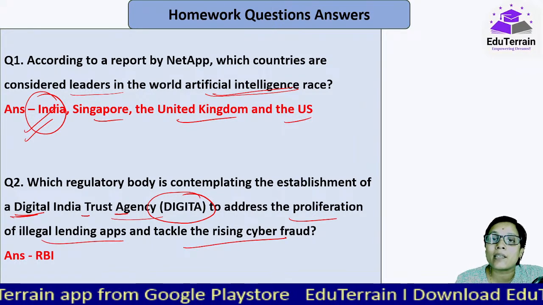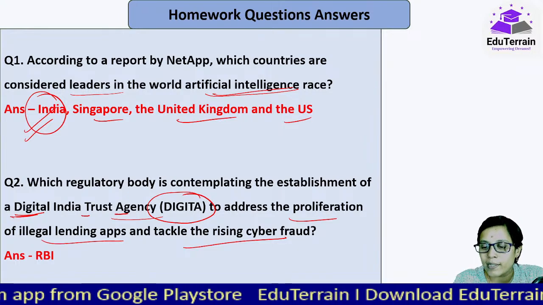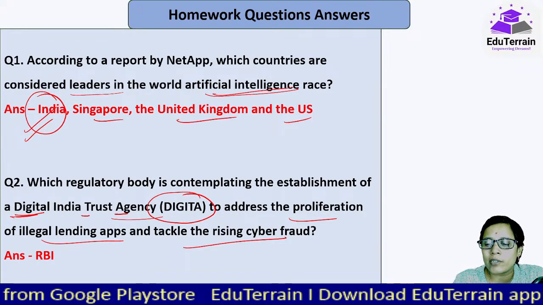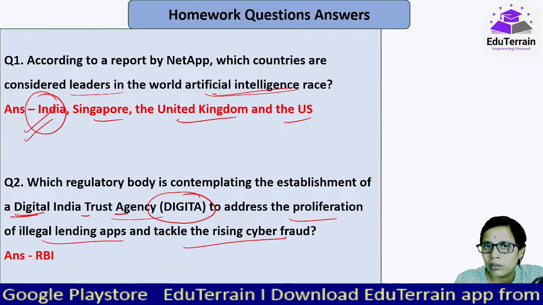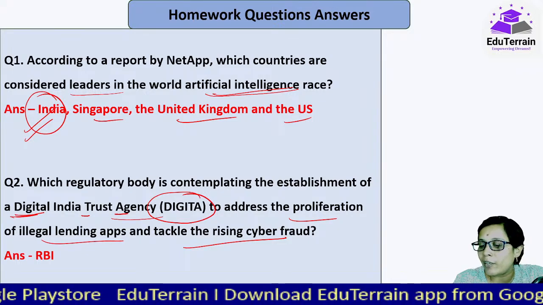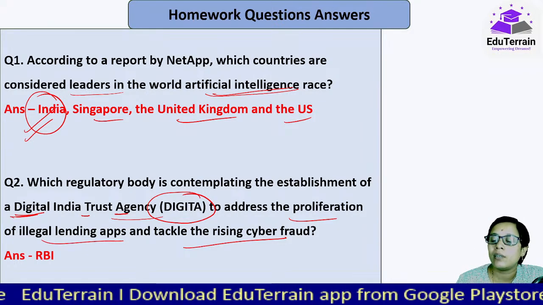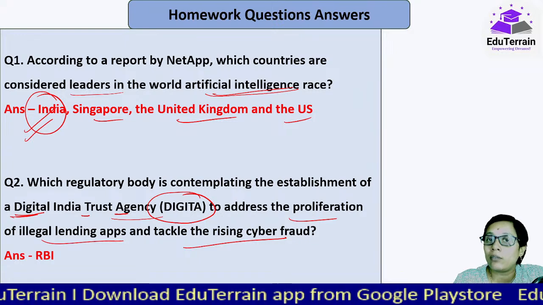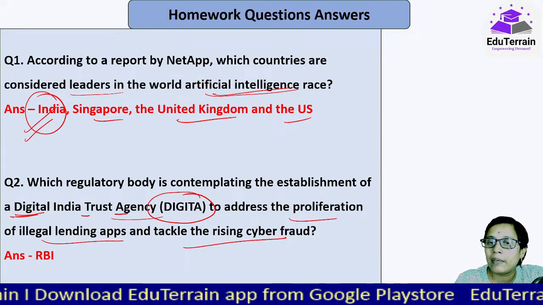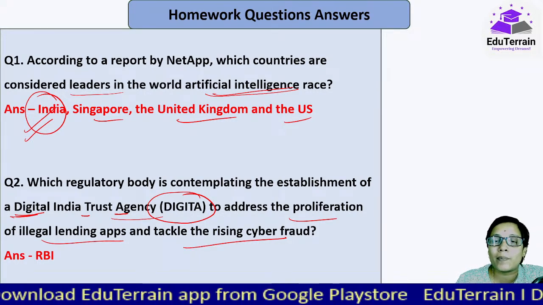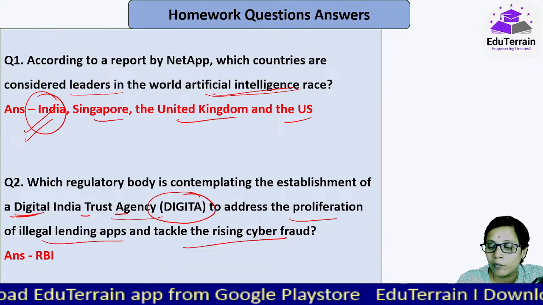So here it is the Reserve Bank of India that wants to do this. Majorly, what are the functions that they are trying to impart to this? Verification of the digital lending apps, maintaining a public register of verified apps, and this will help in combating financial crimes as well, because they already have the list and everything.